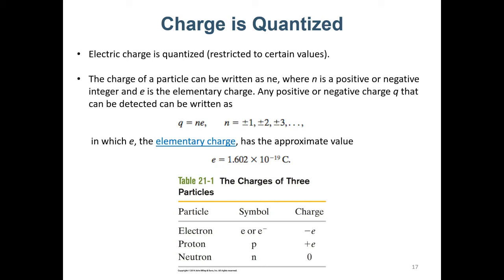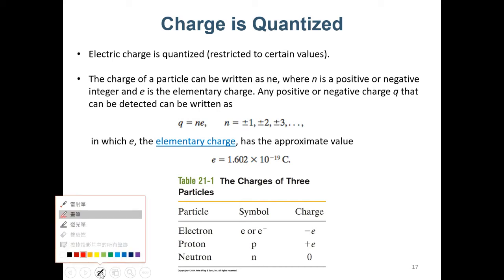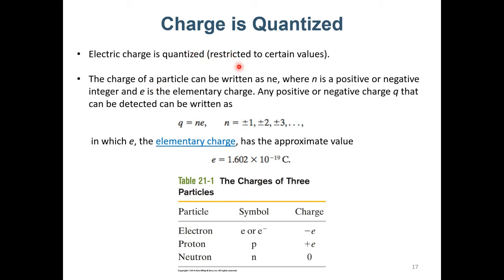So the remaining two sections are a bit easier. The first one is that charge is quantized. Electric charge is quantized, it takes certain values. The elementary charge, we usually denote it as e, which is 1.602 times 10 to the minus 19 Coulomb.